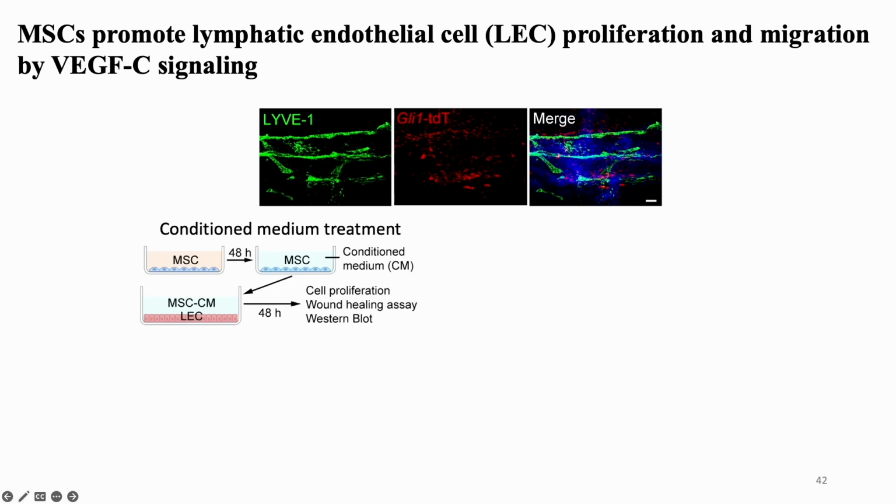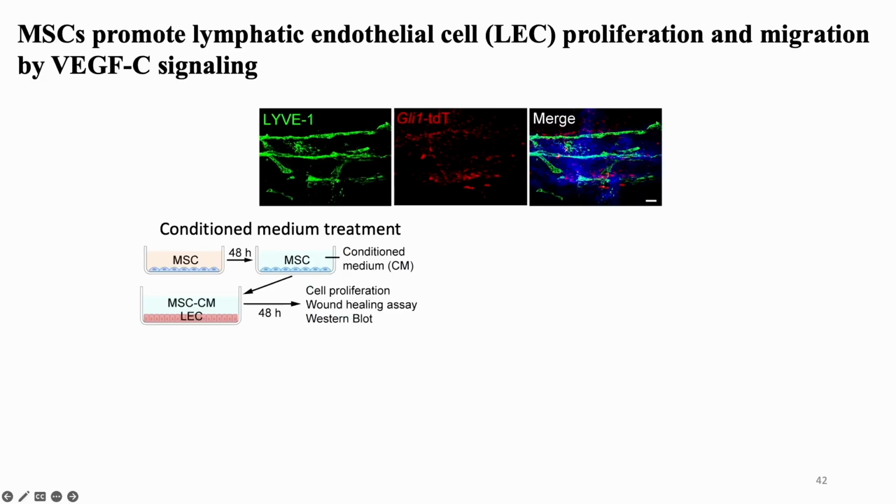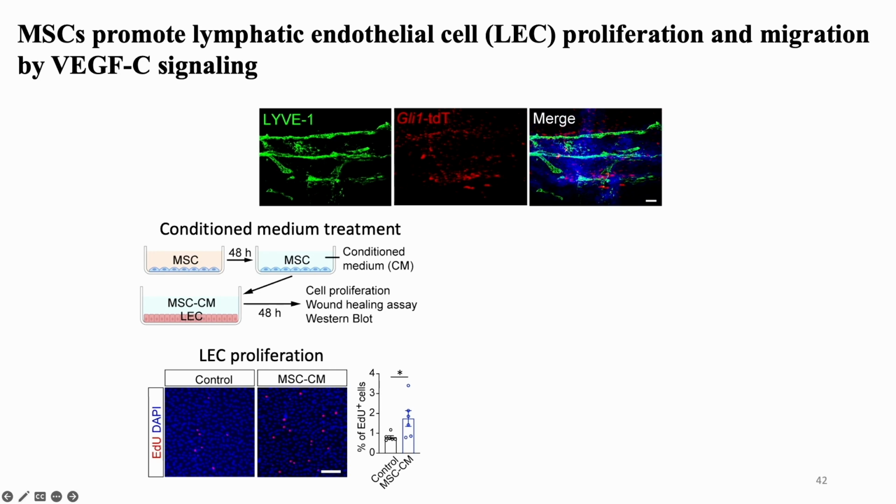And so the question we asked is whether these GLI1 positive cells may secrete some factors to support the development of these lymphatic vessels. And the way we tested that is by culturing these mesenchymal stem cells and then harvesting the supernatant from the cell culture, and then seeing what are the critical ingredients within this supernatant.